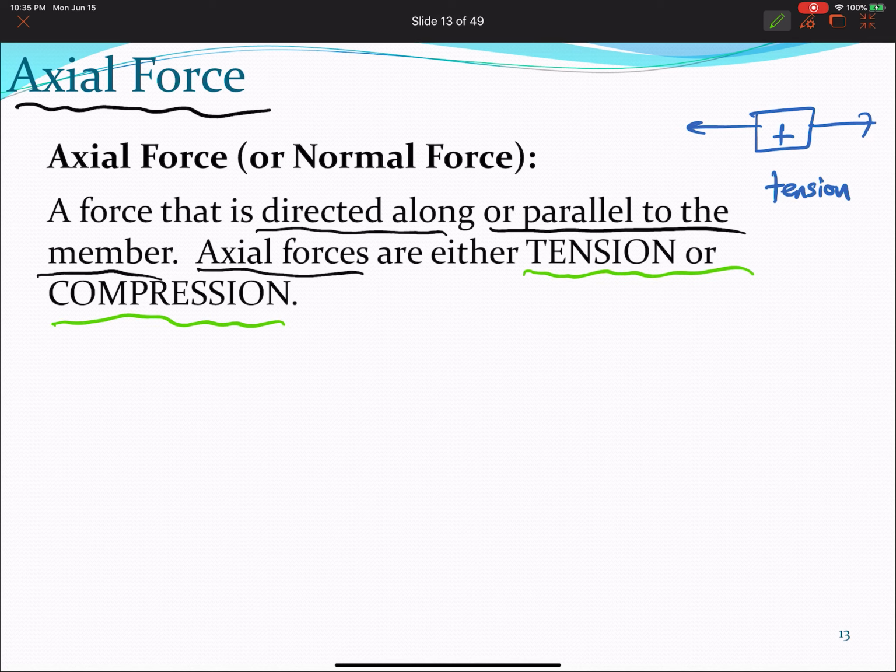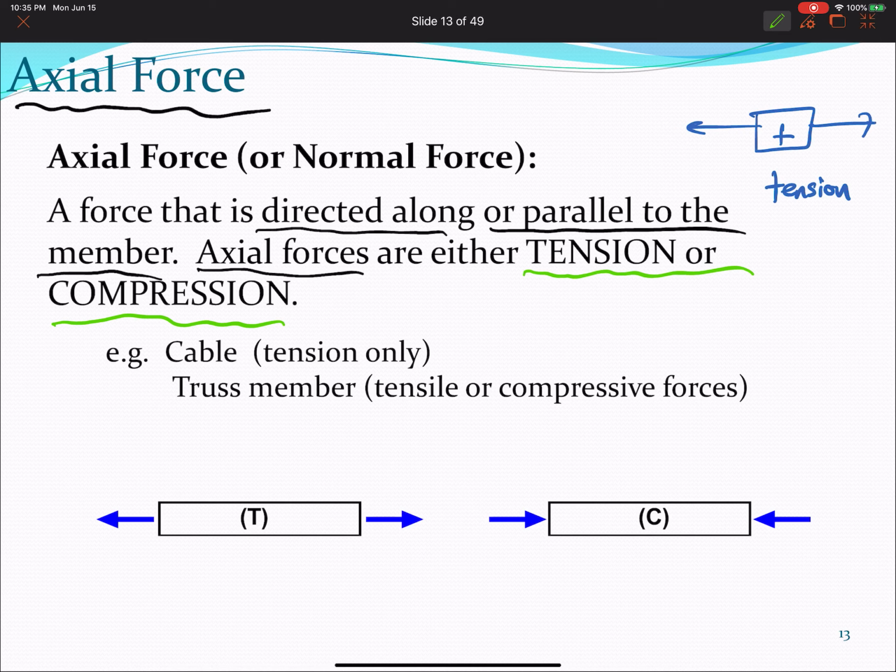These forces make the body stretch or compress, right? And then the convention is, if you have a piece, if it's sticking out, it's going to be positive, right? So that's a convention for tension force. Cables, for example, can develop only tension. A truss member, we saw that it could be tension or compression, right?